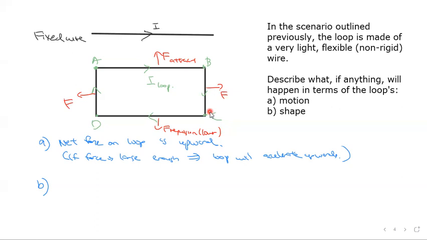Now, if you've got a loop that is made up of something rigid, like just a square or something, then sure, it'll get some forces, but nothing will really happen. But now I'm saying that this is very light, flexible, non-rigid wire, which means that these forces can essentially deform the wire.